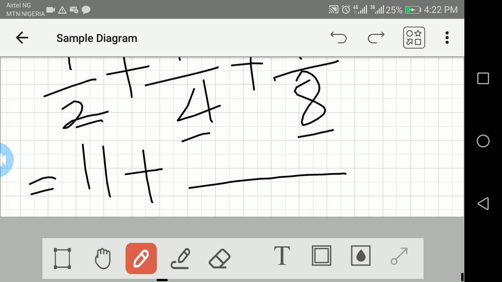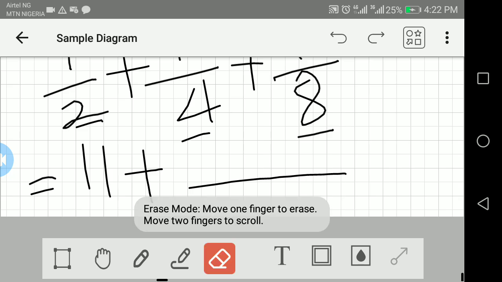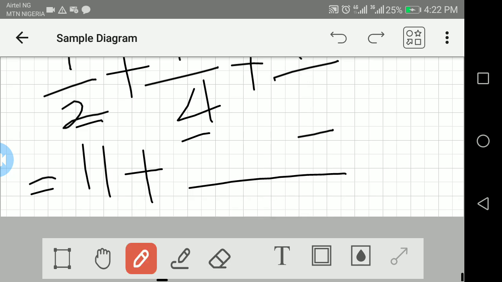But had it been, let's assume here is 7, for example. If here is 7, you cannot use 7 because 4 divided by 2 is possible, but 4 divided by 7 is not possible. 7 divided by 4 is not possible. So for you to get the LCM, simply multiply the three numbers: 2 times 4 times 7.